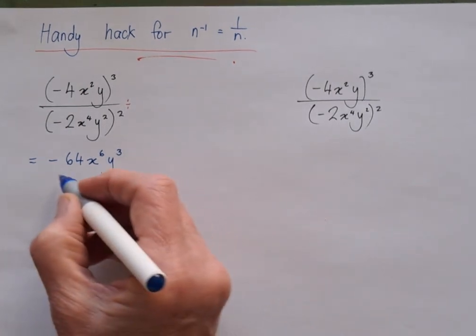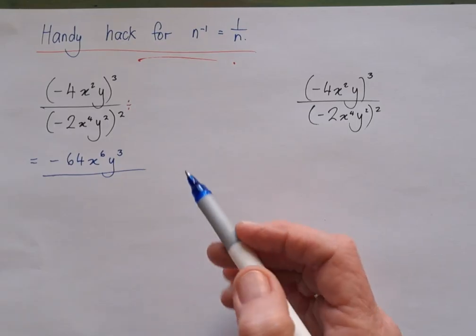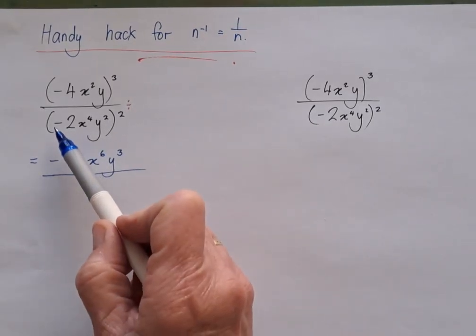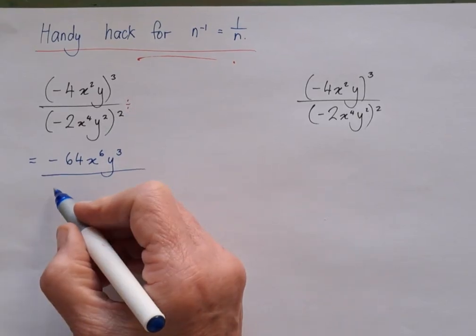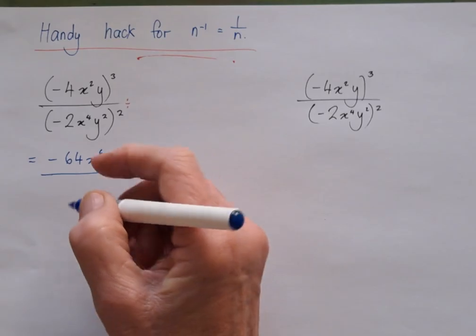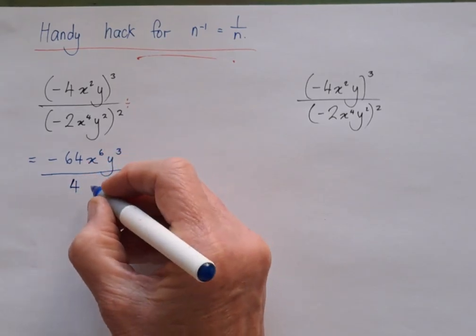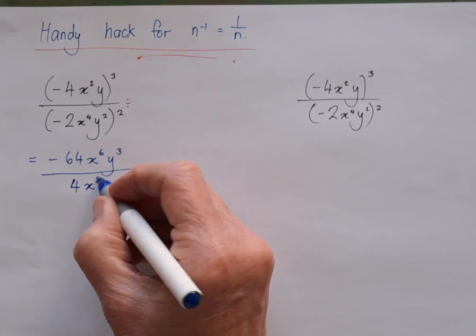So I have my numerator in a better form without a bracket, and I'm now going to do the same to the denominator. Remember, when you raise a negative to an even power, then it's going to become positive. 2 squared, or 2 to the power of 2, is 4. X to the 4 times 2 is 8.